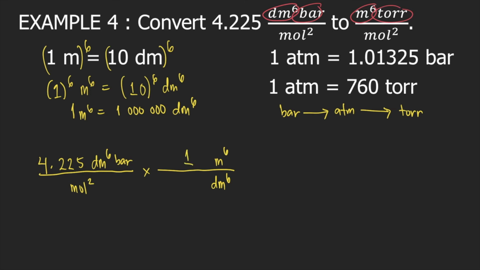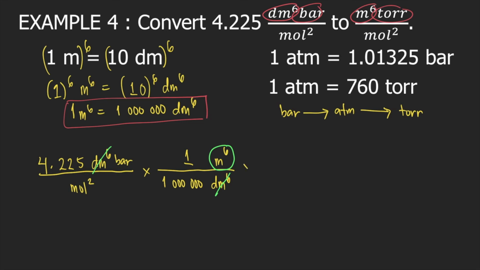So 1 m raised to 6 is equivalent to 1 million dm raised to 6 according to our equivalence. So dm to 6 will cancel and we have m raised to 6.